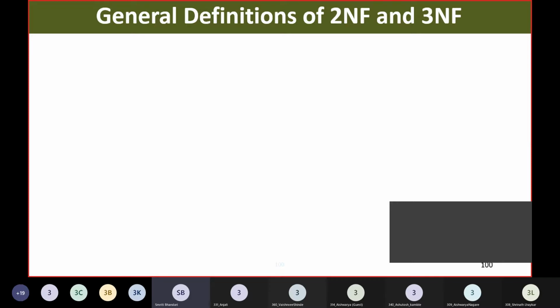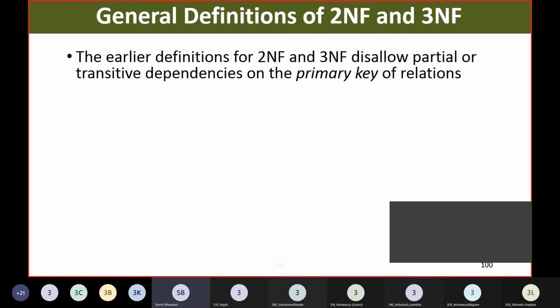So far in our discussion, we have defined second normal form and third normal form. Second normal form was based upon the partial and full dependencies, whereas the third normal form was based upon the transitive dependencies. The earlier definitions for 2NF and 3NF disallow the partial or transitive dependencies on the primary keys.